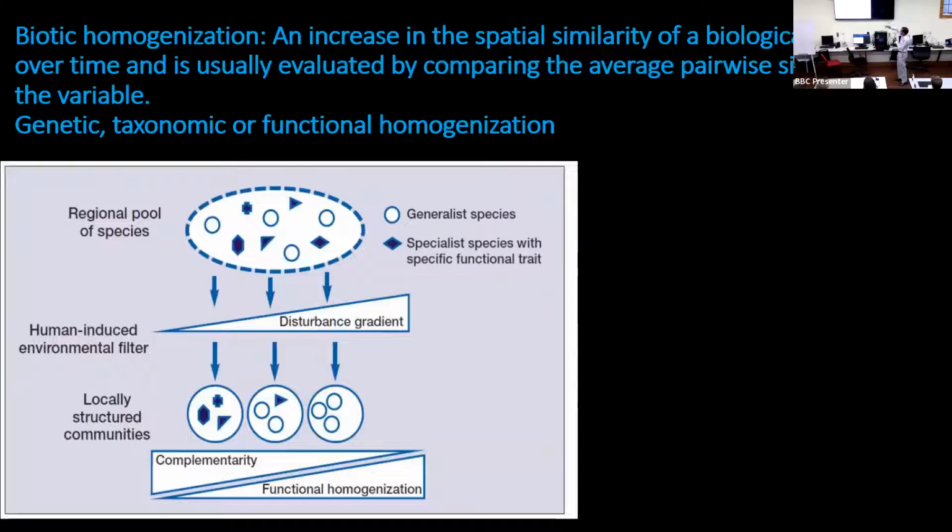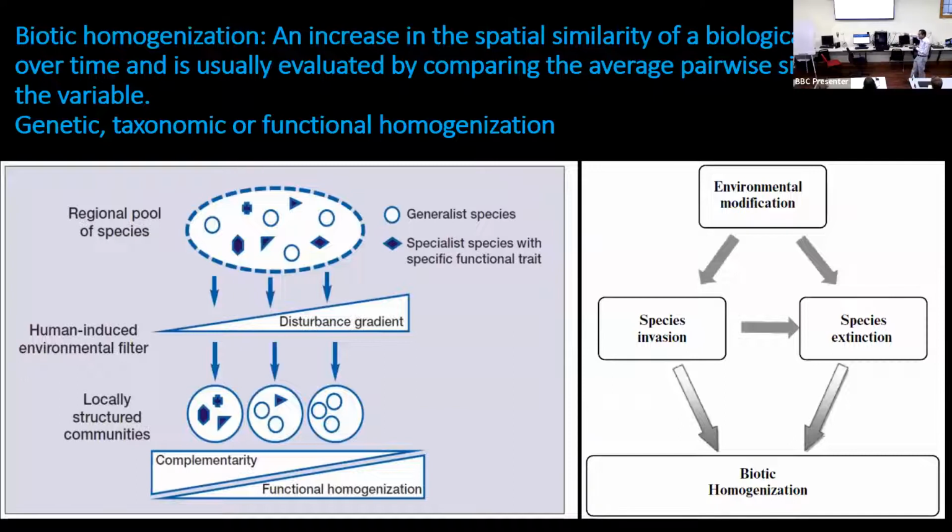On the top, you see the regional species pool, a diverse array of specialists and generalists. Urbanization is a disturbance gradient, a human-induced environmental filter. Because of that filter, at the higher end of disturbance, the high end of urbanization, you end up getting lots of generalists, and more specialists tend to occur away from the urban center. This can further be modified if you look at species extinction.